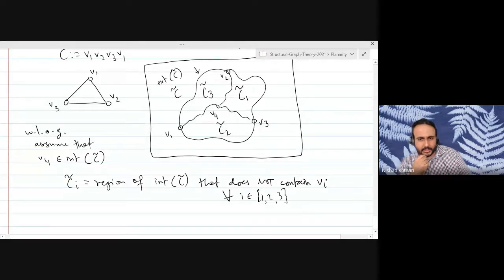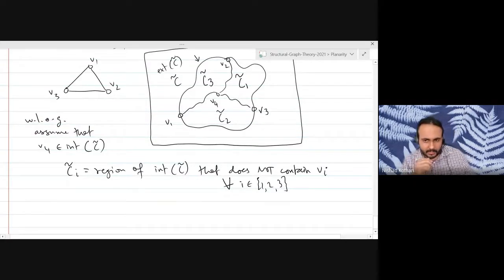Right? So each region is formed by one segment of the original curve C tilde and two of the edges. And these edges in the embedding will correspond to arcs joining two vertices. Simple arcs, in fact, or simple curves, if you like.